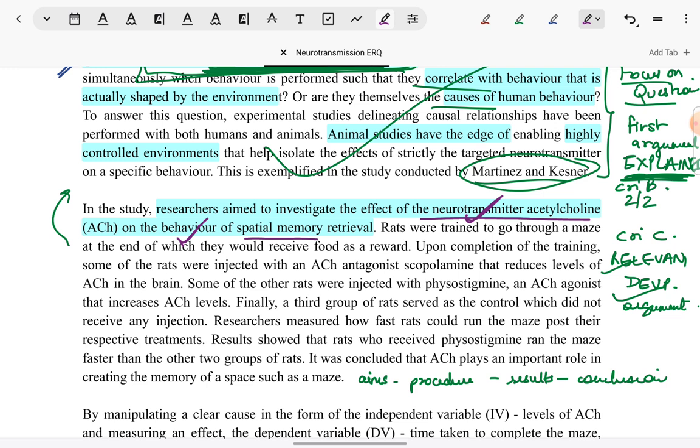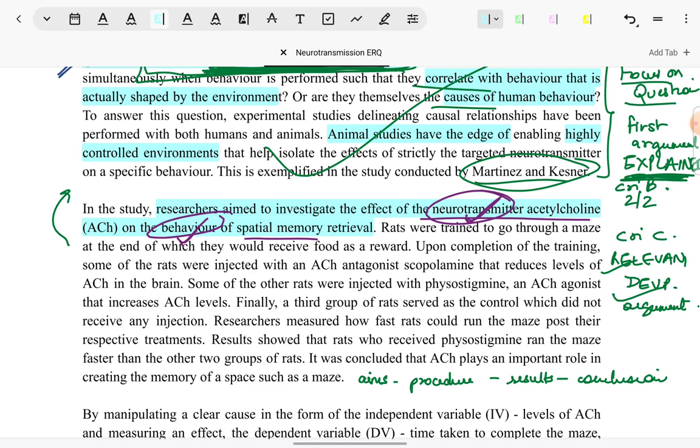Why waste your word count and why defocus the answer by speaking generally about things which are anyways going to get covered in studies? Just make sure when you're writing it in context of a study, you are pointing out, okay, this is the neurotransmitter and this is the behavior that we are talking about. So it meets two requirements at the same time. You give the aim of the study, and you give an example of the broader question which is asked. Try to make your answer that way.